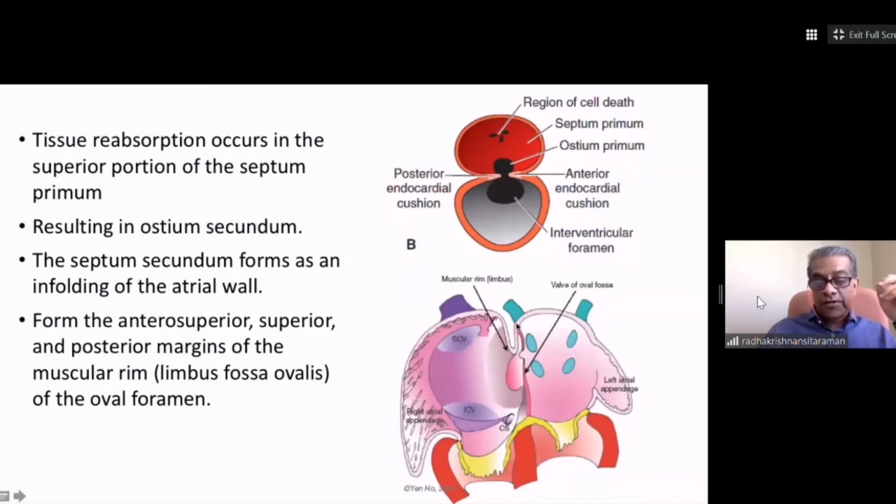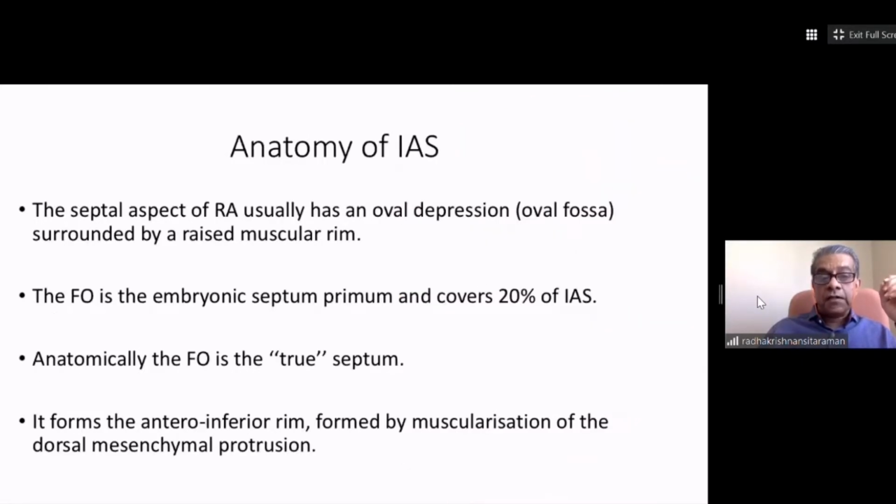So if you look at the anatomy of the atrial septum, the only true fossa ovalis is that portion of the atrial septum which is a part of the septum primum.